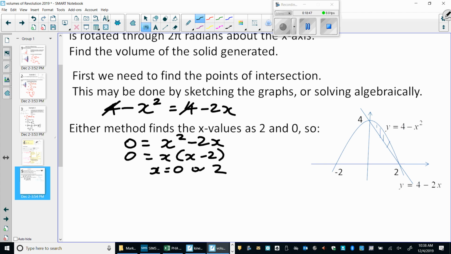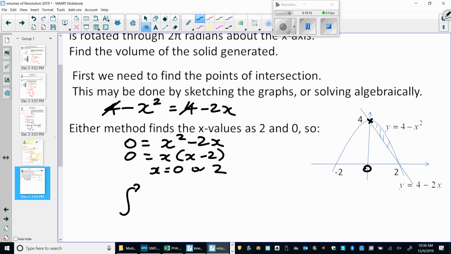I said that just here anyway. And be careful with the values from the diagram. If you're looking at the diagram, remember we're always looking at x values. So this one happens when x is 0. So hopefully you're comfortable with the fact that that first function, the 4 minus x squared, is the negative quadratic, so that's going to be the one that's on top.